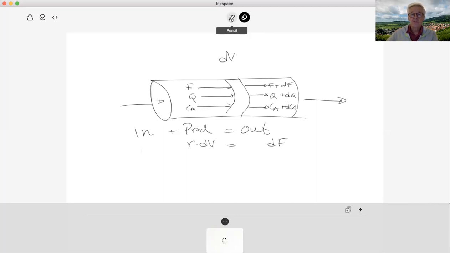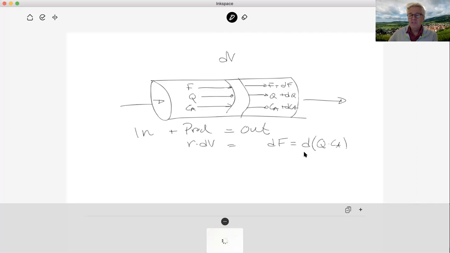But now I'm going to focus a little bit more on this, because the molar flow is composed of the product of the flow and the concentration. So this is in fact the differential of the flow times the concentration.